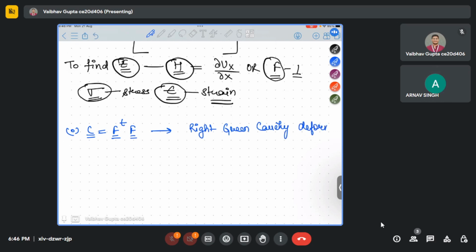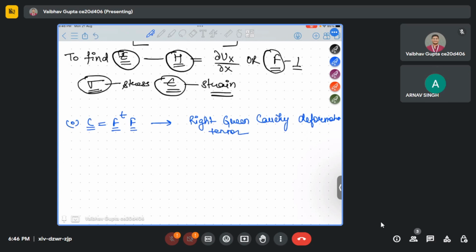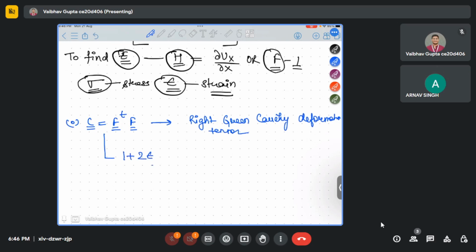So one formula to find C is this, and another formula to find C is 1 plus 2 epsilon. I will not go into the detailed derivation of how I am getting 1 plus 2 epsilon, or I'll show you.